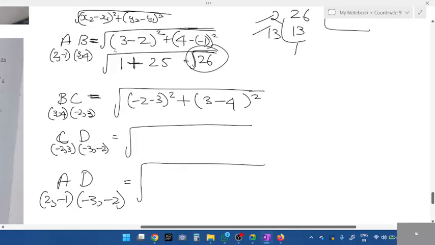Distance is easy, students. Just use the formula, use the property. Rectangle, triangle, isosceles, equilateral.